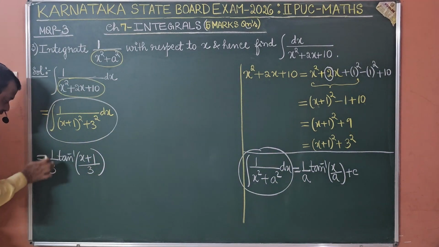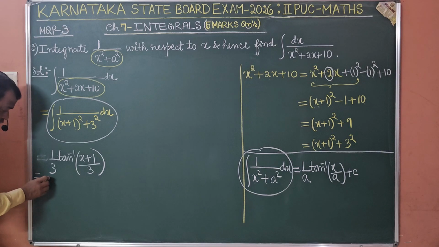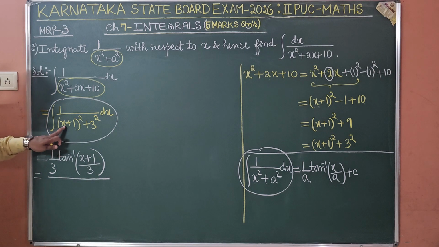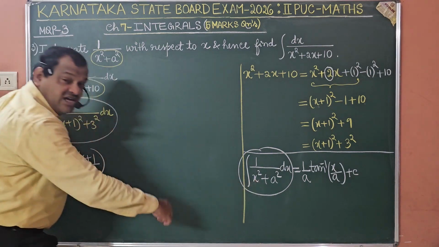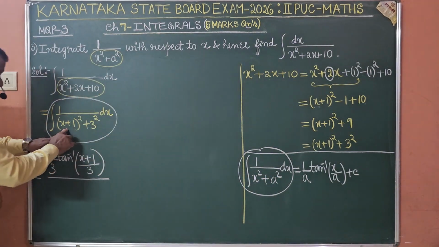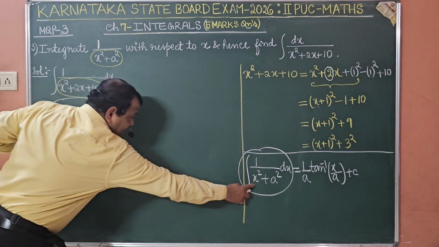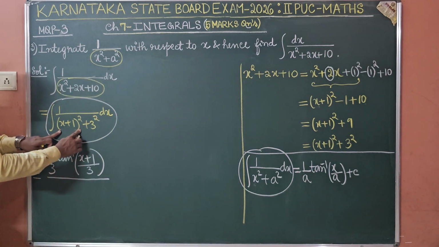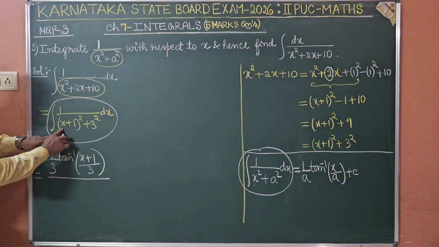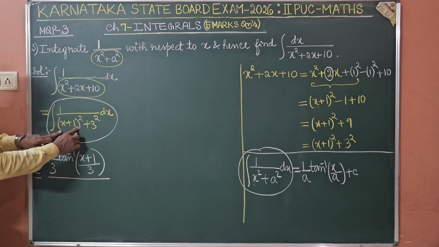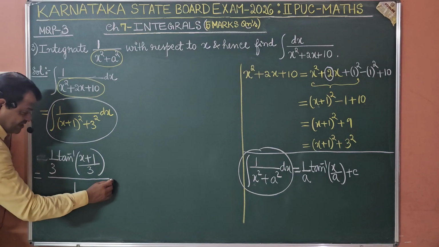Then this whole thing is divided by the differentiation of x plus 1, because it is not the standard form. The standard form is this. It's a generalization: in place of x, we have a linear factor like ax plus b. So divide by the differentiation of ax plus b. The differentiation of x plus 1 with respect to x is 1, plus c.